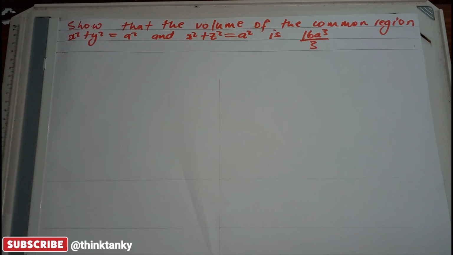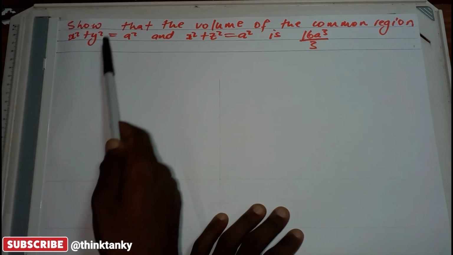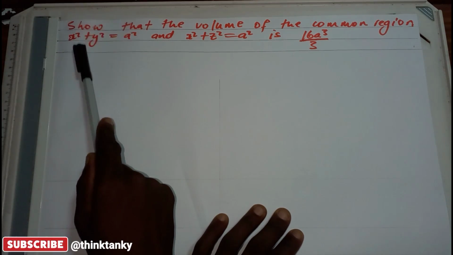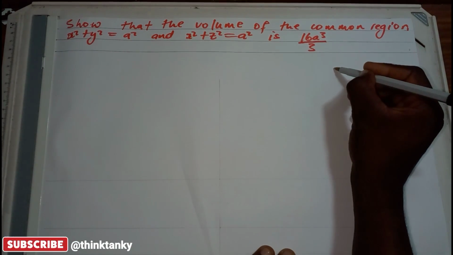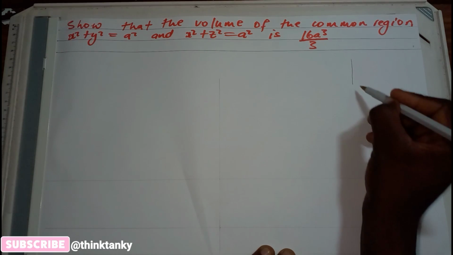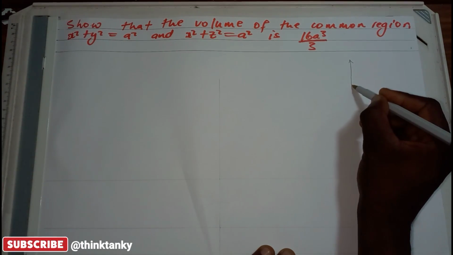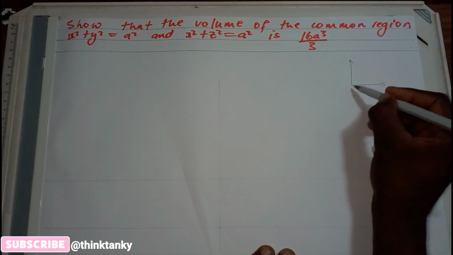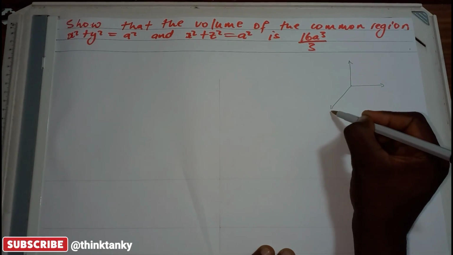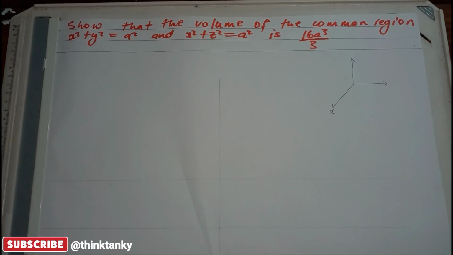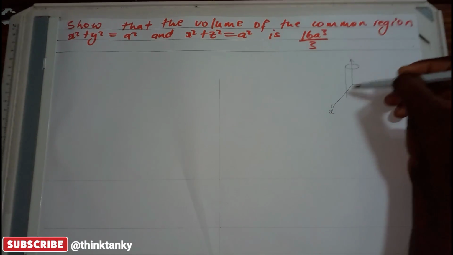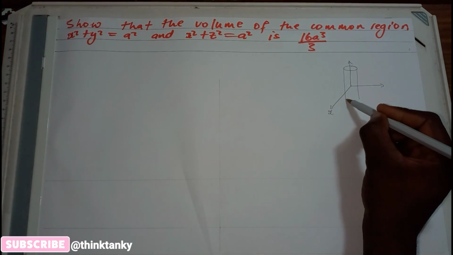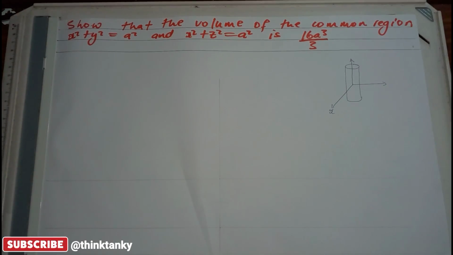So the first thing you have to do, let's try to draw the given problem. We want to first try to draw this cylinder, and as we know, it lies on the z-axis. This is my z-axis, this is my y-axis, and this is my x-axis. So the first cylinder, that is the first cylinder.